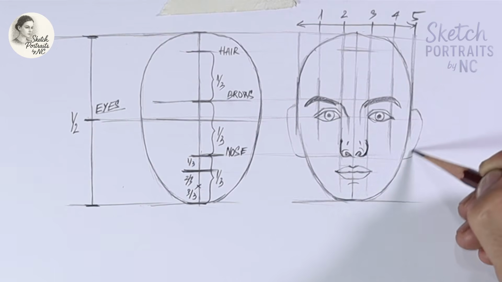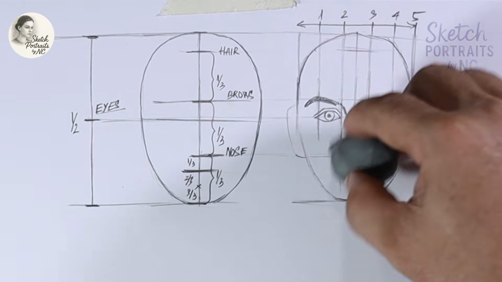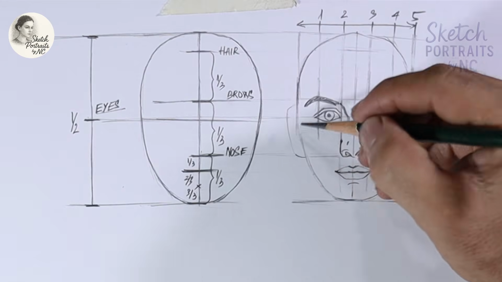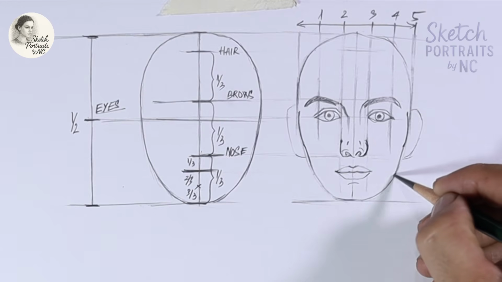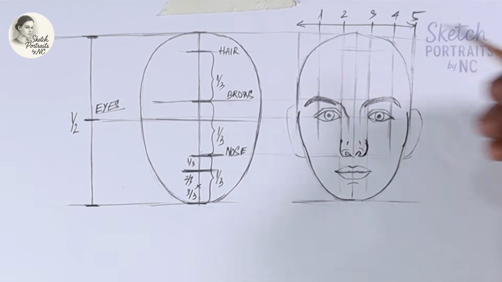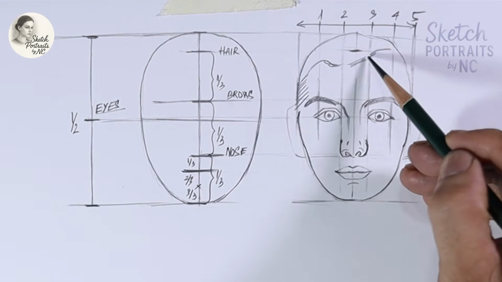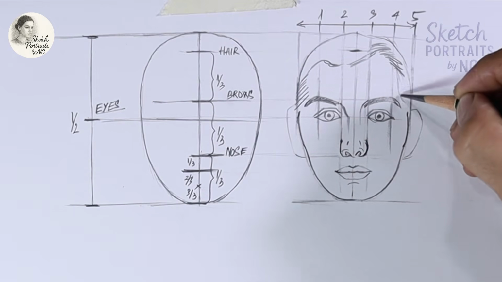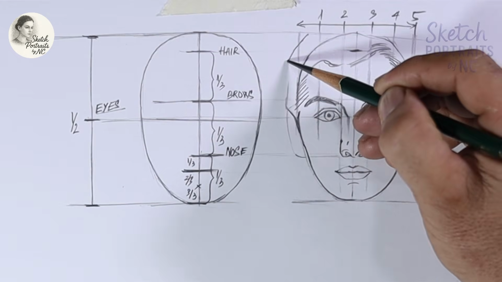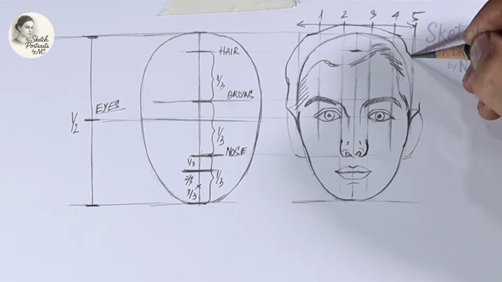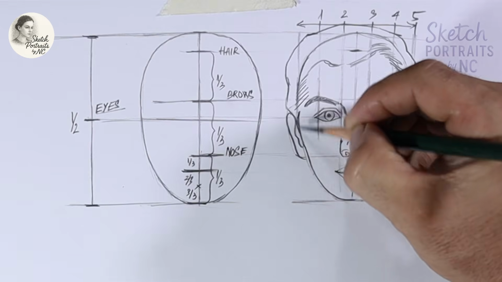The ears are located between the eyebrows and the base of the nose on both sides of the face. When drawing hair, remember that the hair has volume, so draw it slightly higher than the top of the head.